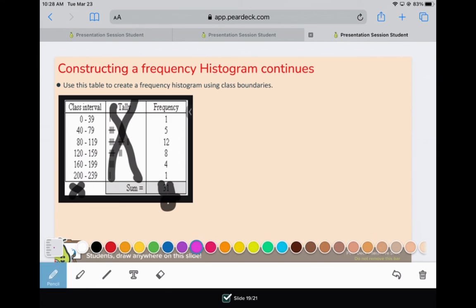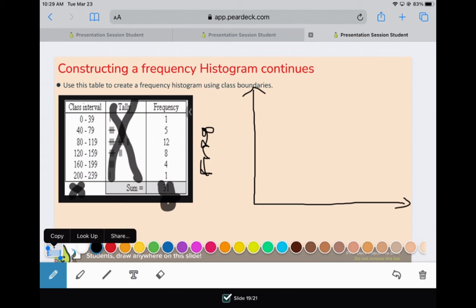Okay. So I'm going to draw my graph. Okay. So on the second one, I have the frequency. I can label frequency. This is the class. Okay. How many tick marks should I do for my x-axis?